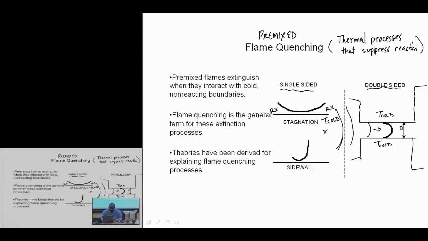Similar ideas hold that if these walls are cold, you lose so much heat to the walls that the flame cannot propagate through the channel. And so this process is what's important in a device called a flame arrestor.